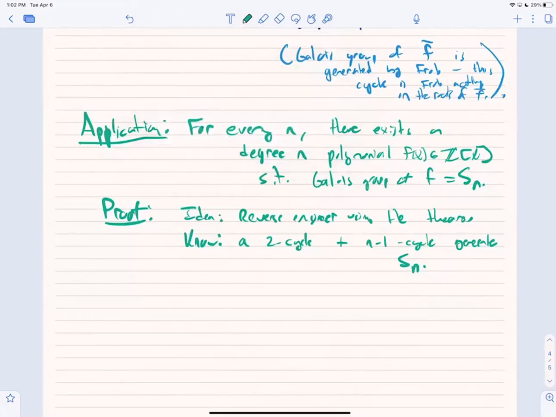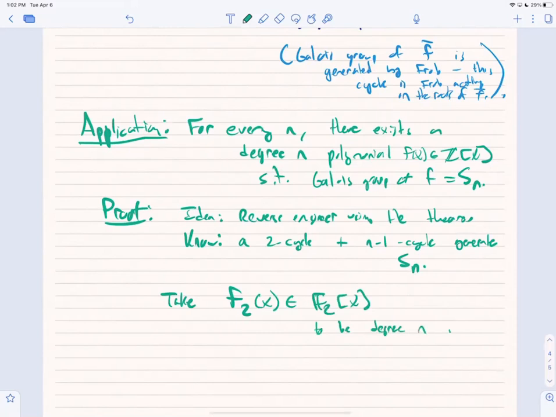So, I'm going to take f_2(x) to be any degree n irreducible.